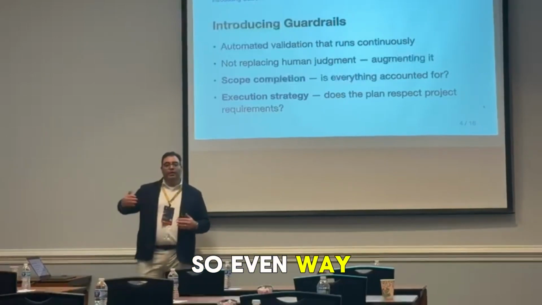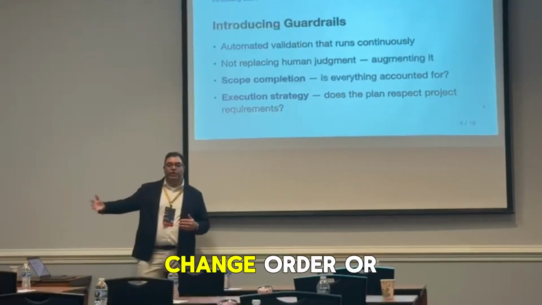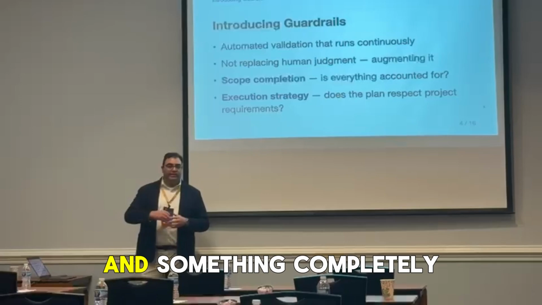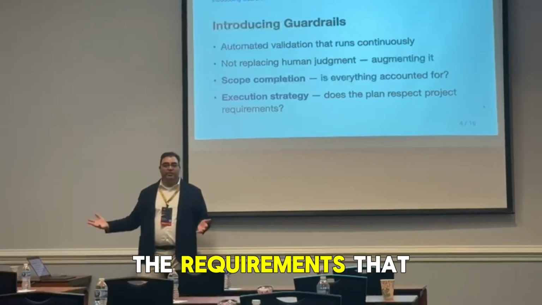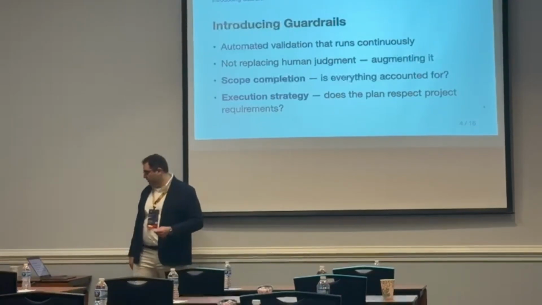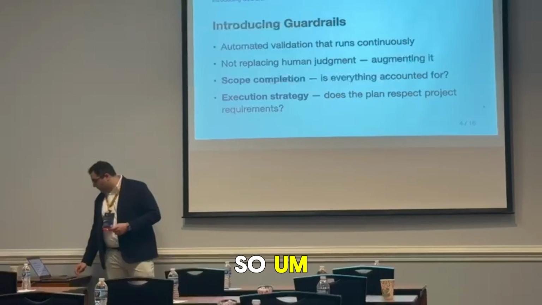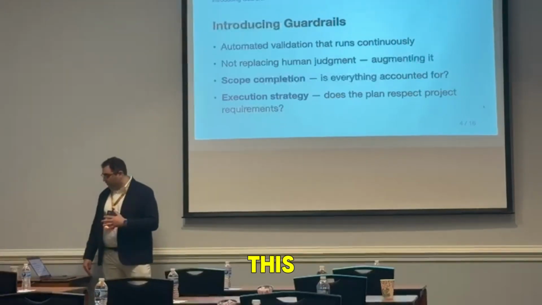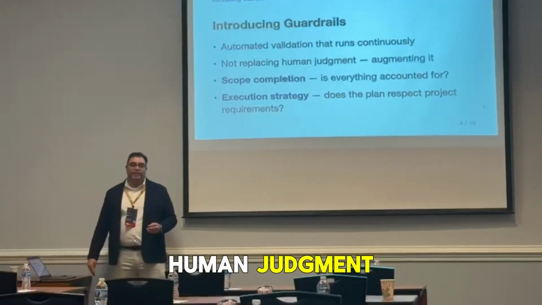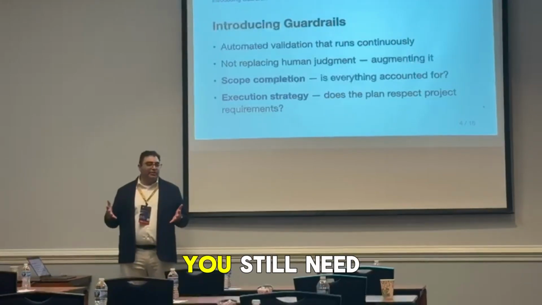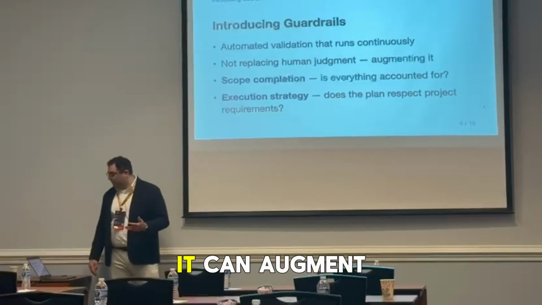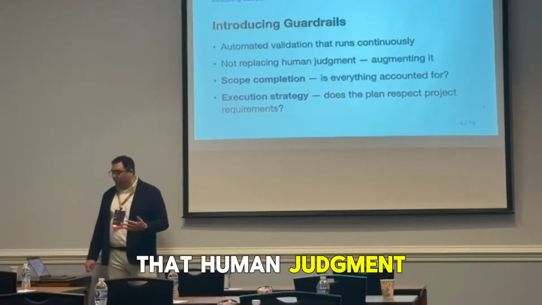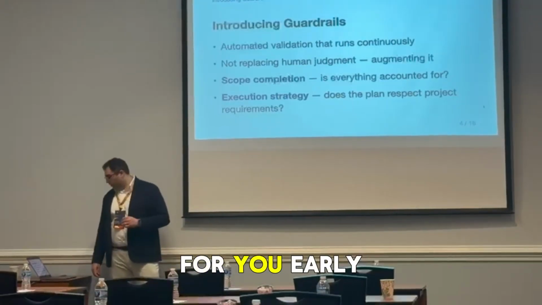Even way later, if you have a change order and something completely changes in your project, you want those guardrails to enforce the requirements that you put in place, right? And of course, we always say this: we don't replace human judgment. You still need somebody at the wheel, right? But it can augment that human judgment by flagging things for you early, etc.